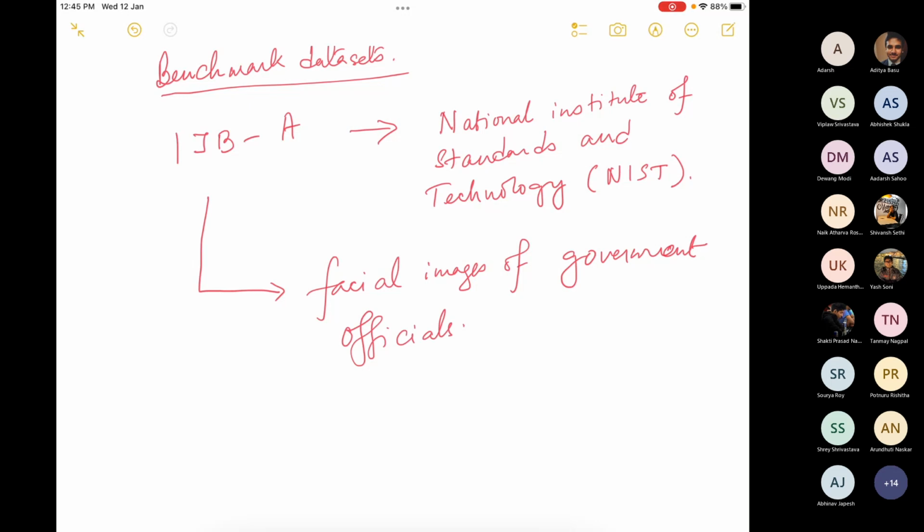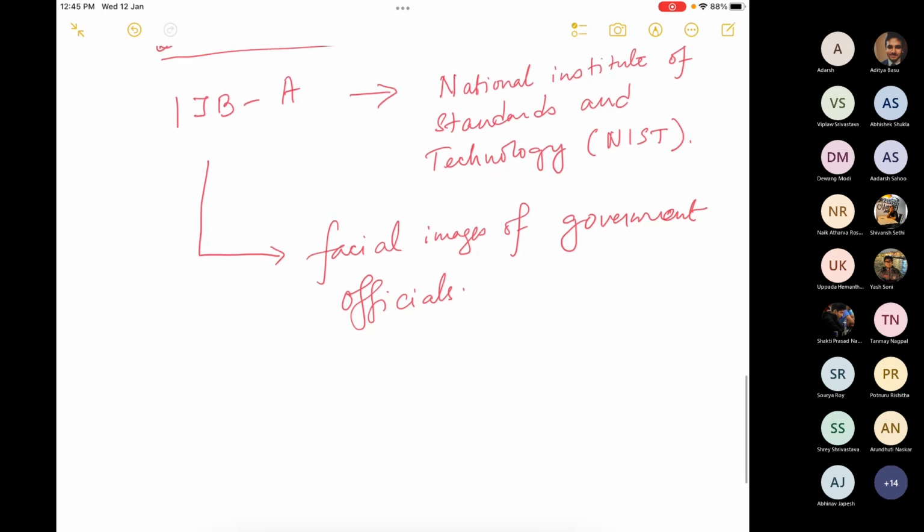So there was involvement of the government in this dataset, and therefore the authors felt it would be a good benchmark.